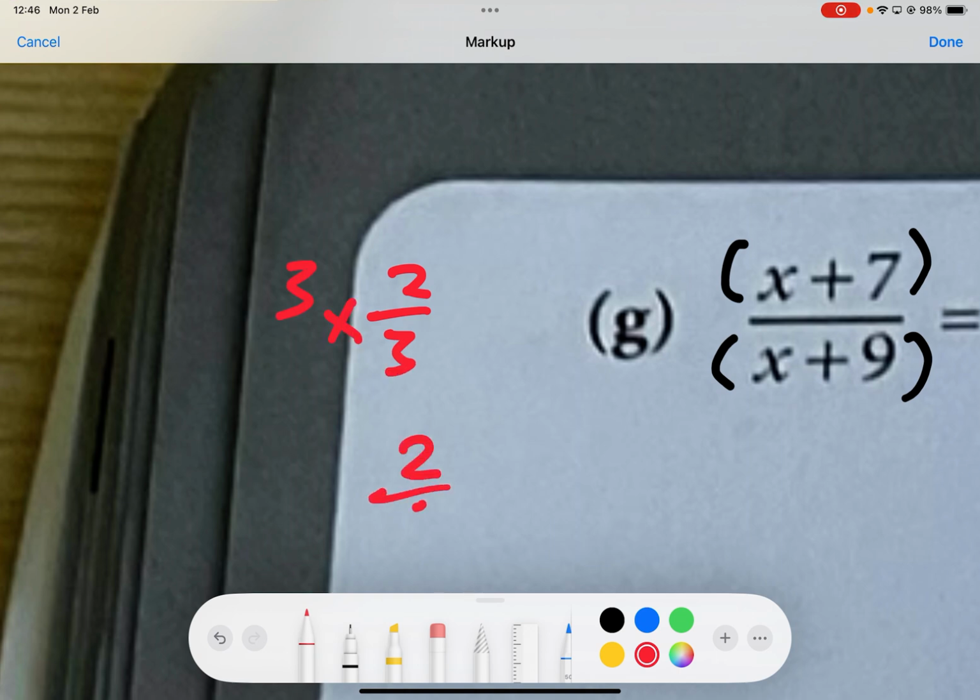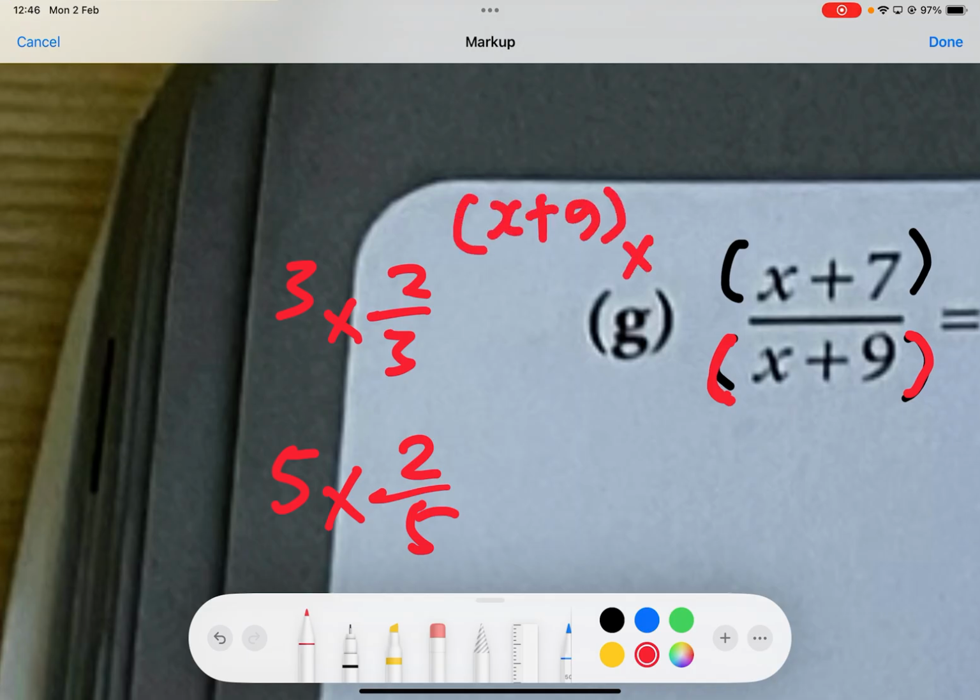If I have 2/5, I want the 5 to disappear, I multiply 5. So this time round, if my denominator is a bracket, I multiply the whole bracket. X plus 9. Yes, very good.